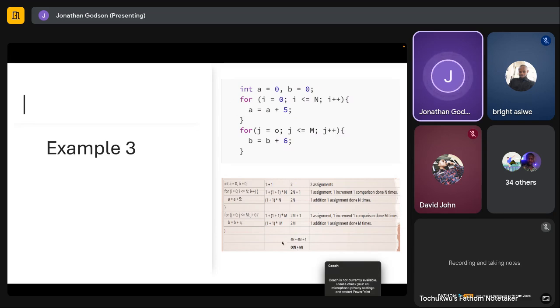But we can still see it is not a quadratic or polynomial time complexity. So it still falls under the category of linear time, not constant time, linear time, sorry.